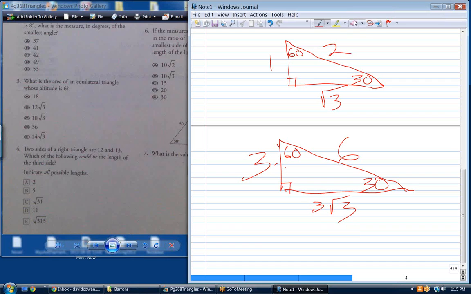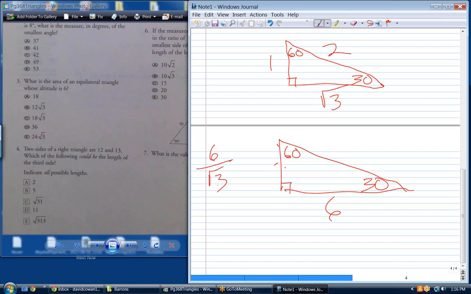However, in our particular problem, they gave us 6 was this side here. So what we really want to do is to figure out what's the ratio between this triangle and this triangle. Well, it's 6 divided by root 3.